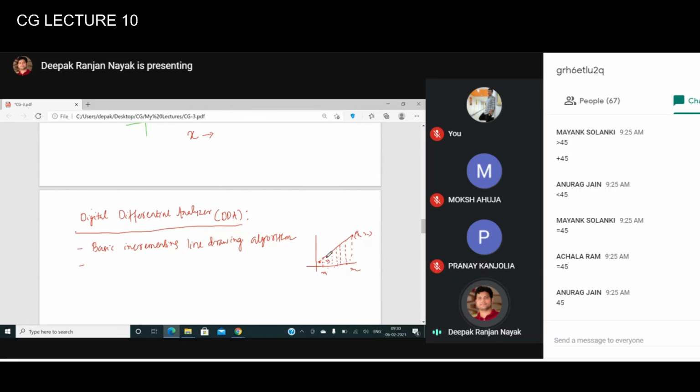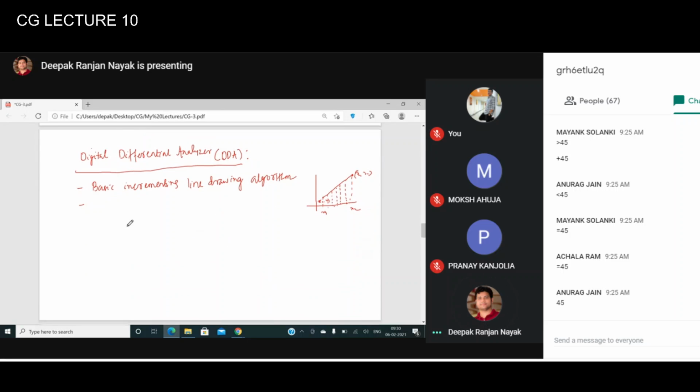So we sample the value of x and calculate the value of y. And in one more case, we'll sample the value of y and calculate the corresponding value of x. We'll see a few important cases in this algorithm.